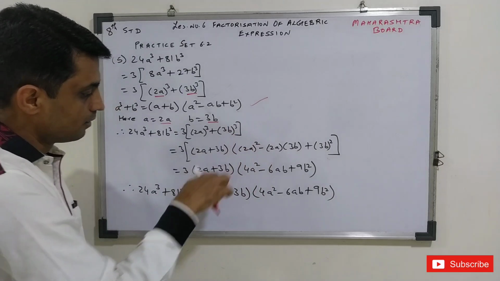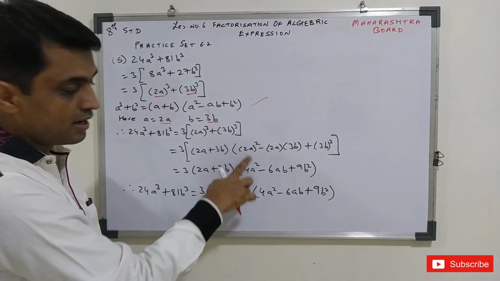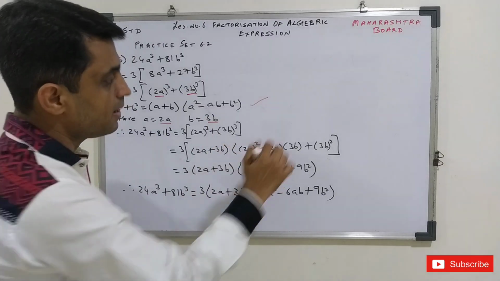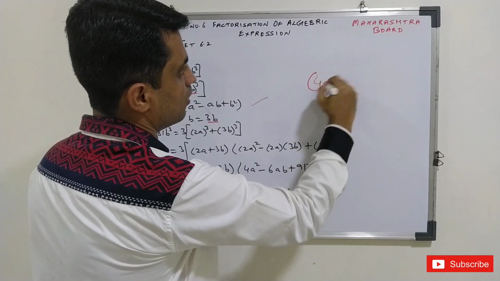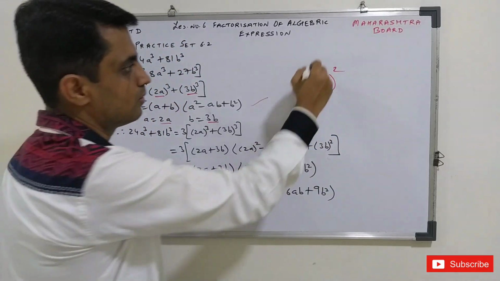Don't forget. Then 2A plus 3B, 2 का square 4, A square, A cube का square आएगा. Don't forget. But many students again write 4A the whole square. Why? Square निकाला ना एक बार. No, wrong.